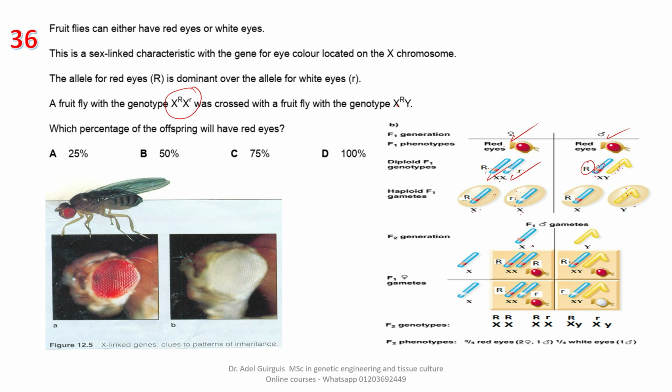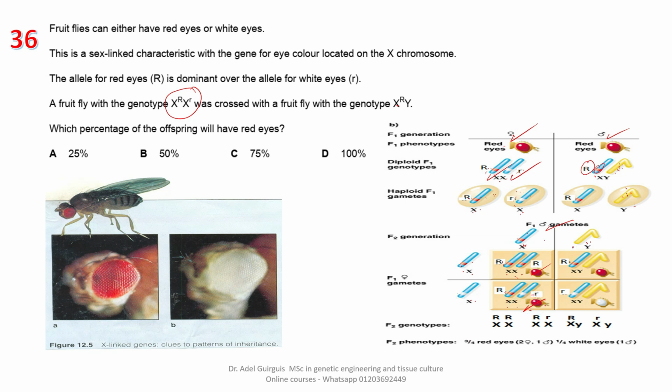So by Punnett square, for male gametes 2 types of gamete, X^R and Y. For female gametes, X^R and X^r. By matching, you can find this structure, X^R X^R, and X^R X^r, a female with red eye but heterozygous.